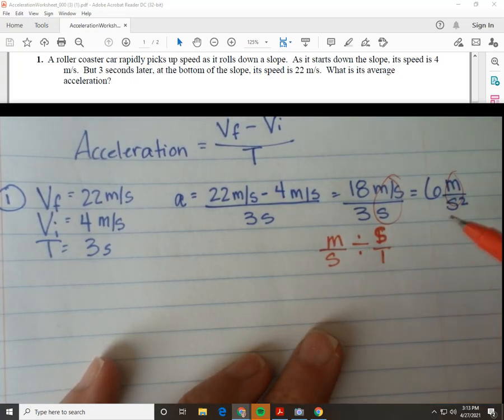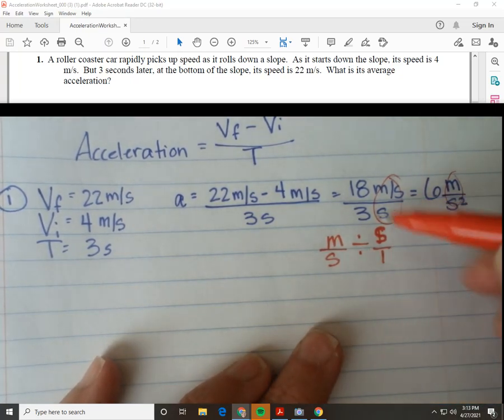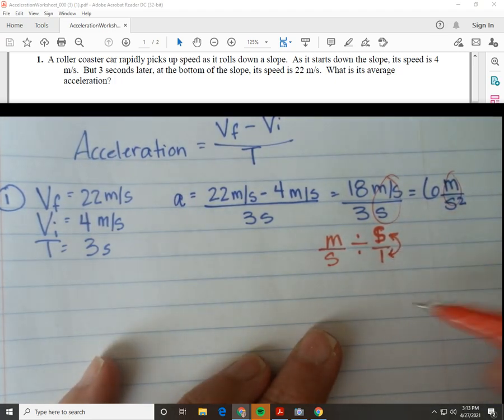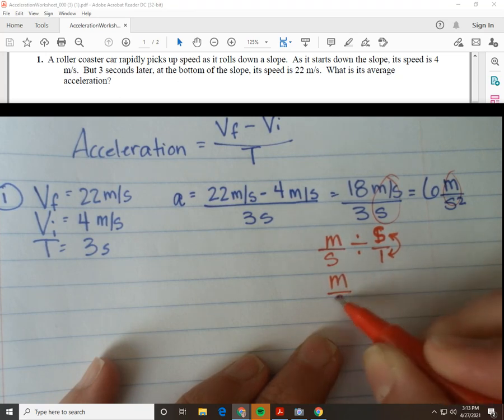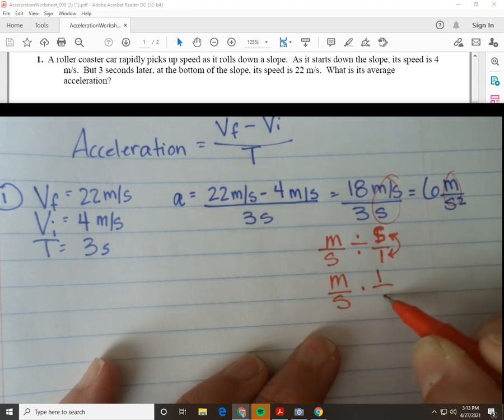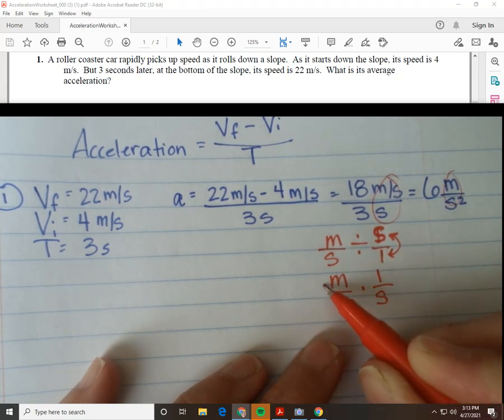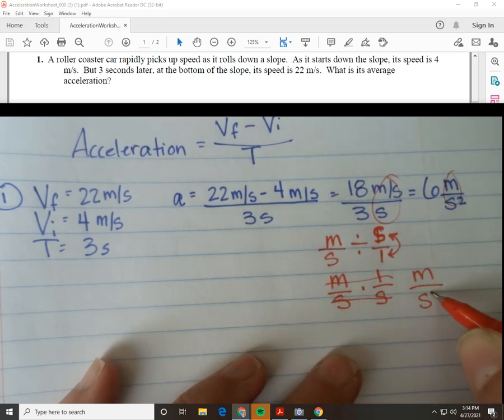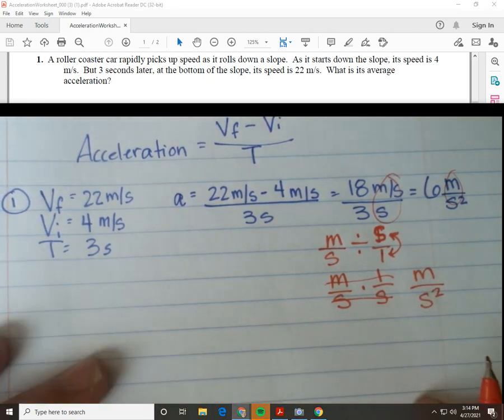What we're really doing, and I started to do that with the writing, is when we divide by a fraction, we're going to multiply by the reciprocal. So we would really have meters per second times 1 over second. And so when we multiply straight across, we get meters over second times second, which would be second squared. Okay, so that is why our unit is meters per second squared.